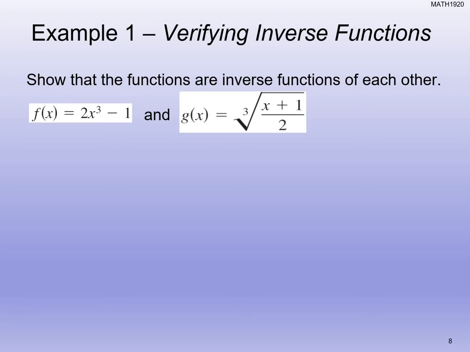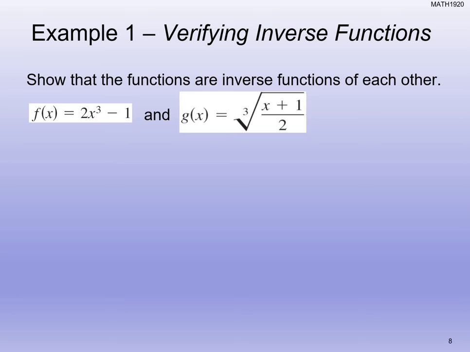One way we have to verify inverse functions, and show that they're inverses of one another, is being able to put them into each other. So we're going to treat these as composite functions. We need to find f of g of x, and we need to find g of f of x.